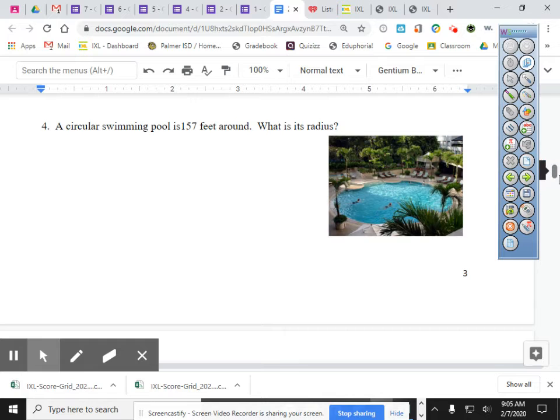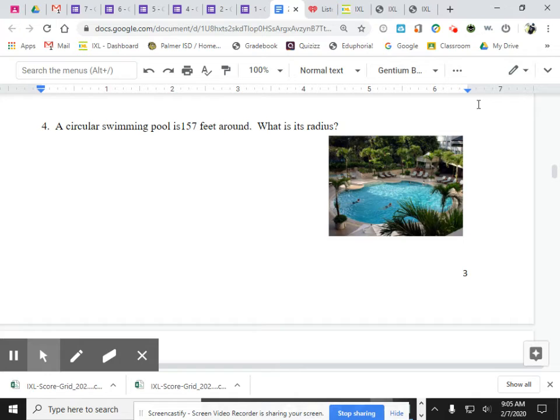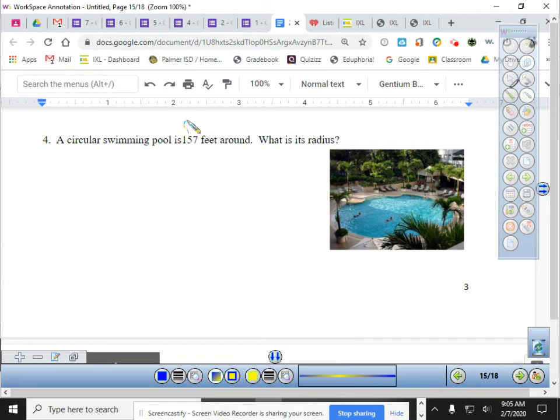A circular swimming pool is 157 feet around. What is its radius? What does it give you? The circumference. What is the formula? C equals pi d. Why are we using pi d? Because we find the diameter and then divide it by 2. What is the circumference? 157. Pi is 3.14.